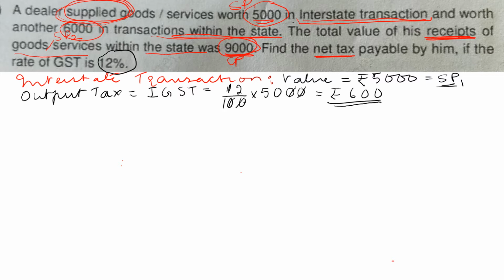The second one that he has, it's the intrastate. So we will write intrastate transaction.